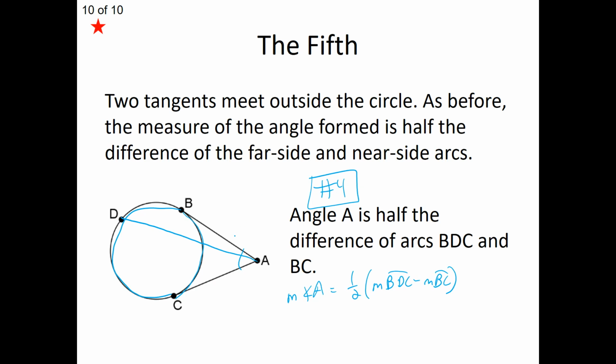So number 4 helps you with the angle formed, angle BAD. You know a relationship already about that angle BAD, and you have this second angle formed, angle CAD, and number 4 is going to help you with that angle as well. Then the sum of those angles will add up to the whole angle A, which is going to lead you into forming your final conclusion, that angle A is half the difference of the far side arc and the near side arc.